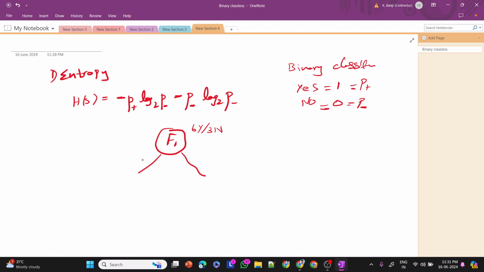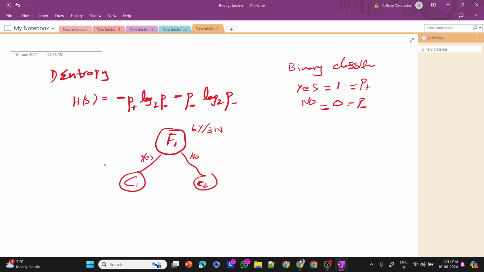This feature is split into 2 parts, C1 and C2. When this feature is yes, we go to C1. If this feature is no, we go to C2.